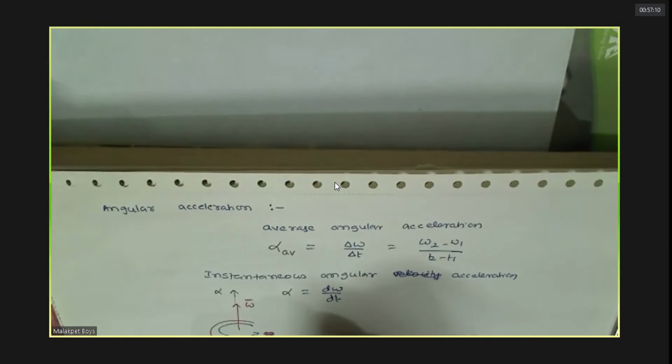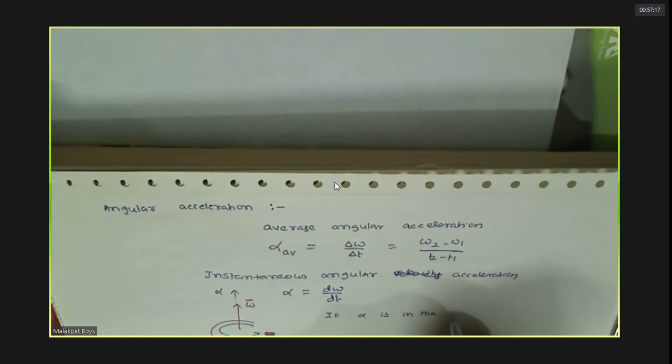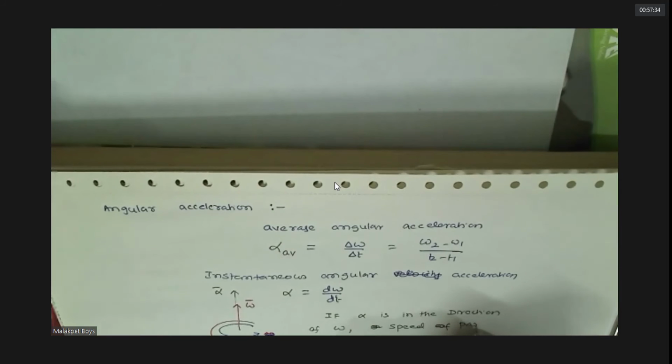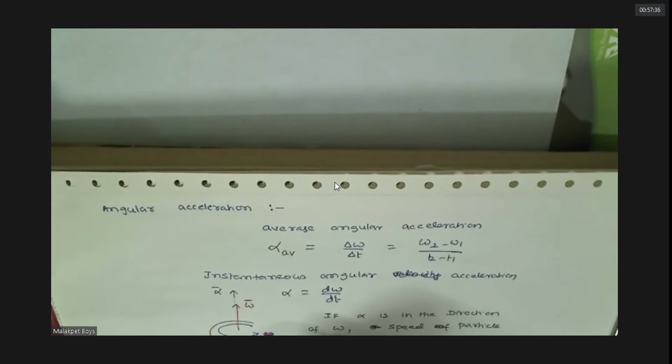That means if alpha is in the direction of omega, then what will happen? The speed of the particle will increase.